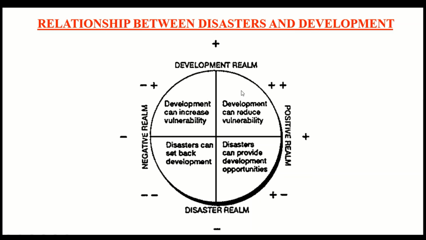All these fields are marked with certain statements. Development can reduce vulnerability in the first quadrant. Then in the disaster positive realm quadrant, disasters can provide development opportunities. In another quadrant, disasters can set back development. In the last quadrant, development can increase vulnerability.